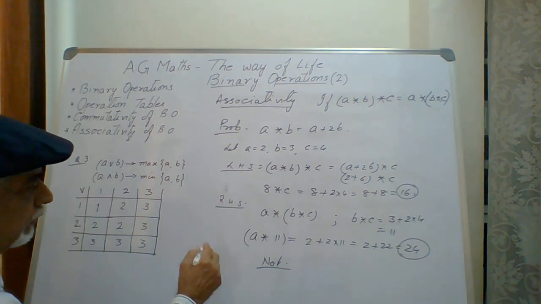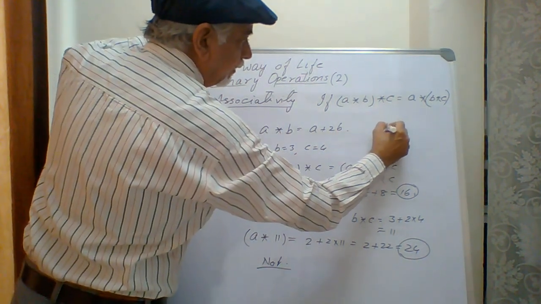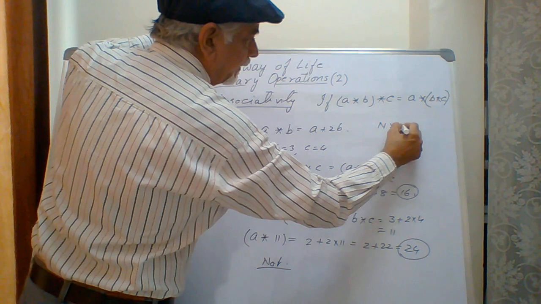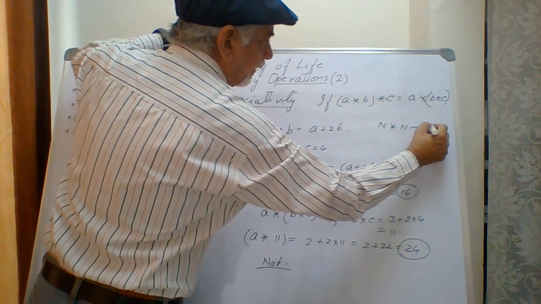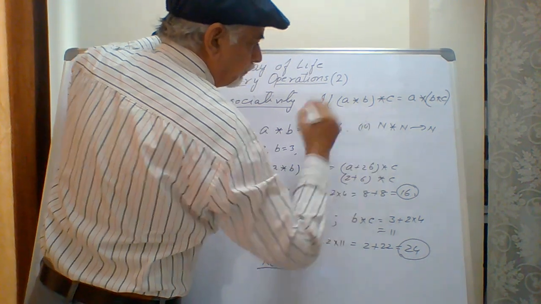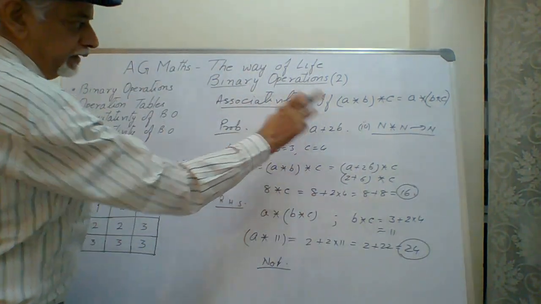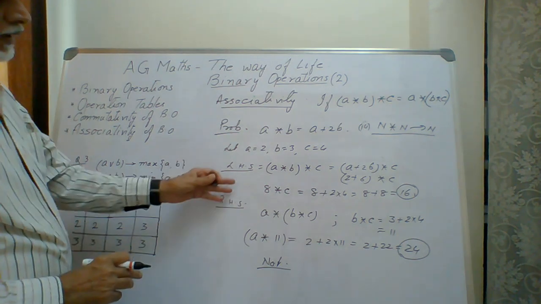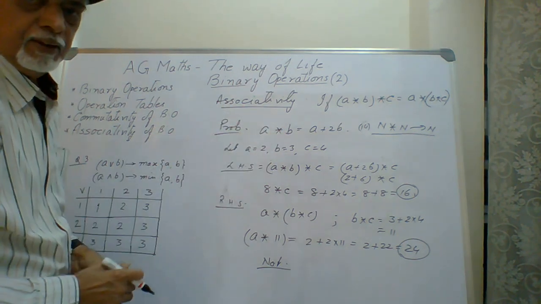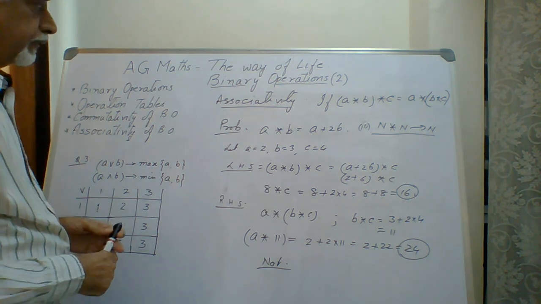If I check associativity for multiplication on natural numbers, it will definitely work. When you use any three numbers, the left hand side and right hand side will always match. So let us stop it here today.